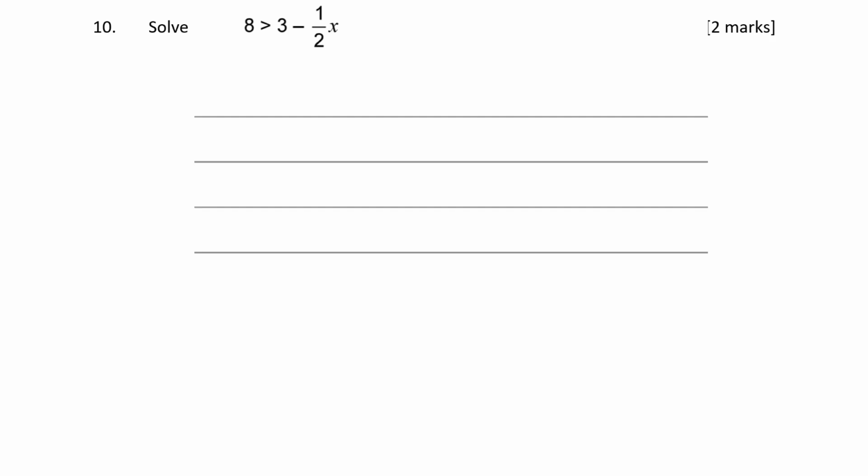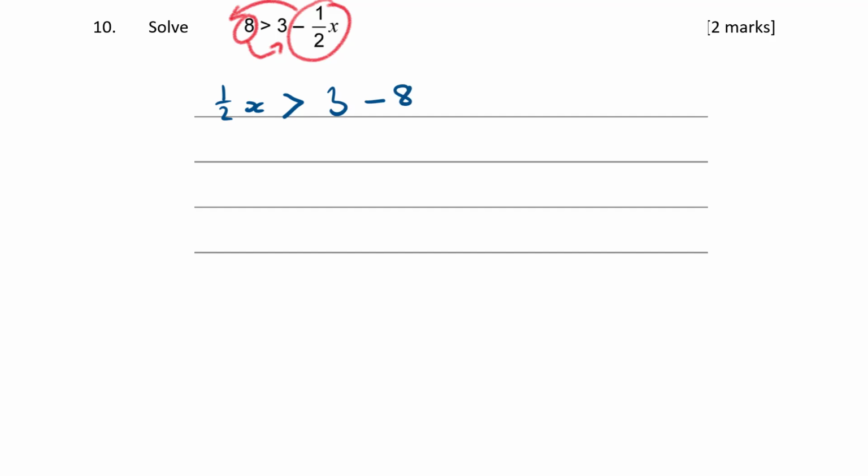Just to make that positive, I might move it to the other side of the equation, or another way of thinking about it is adding a half x to both sides. So it would disappear on the right and reappear on the left. And at the same time, I'm going to subtract 8 and move it to the other side. So I'm going to get a half x is greater than 3 subtract 8.